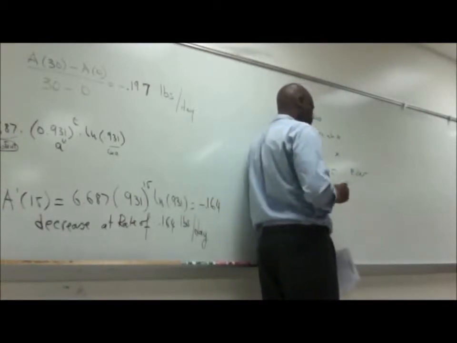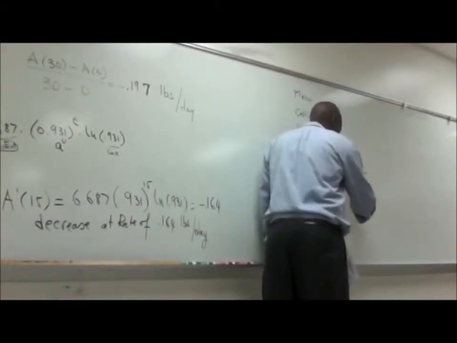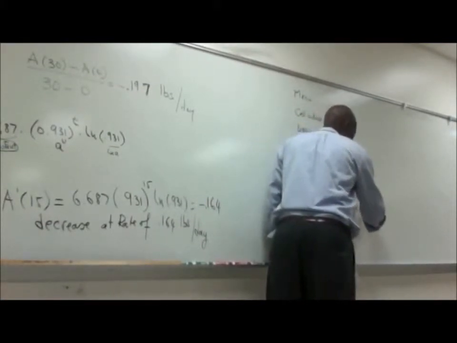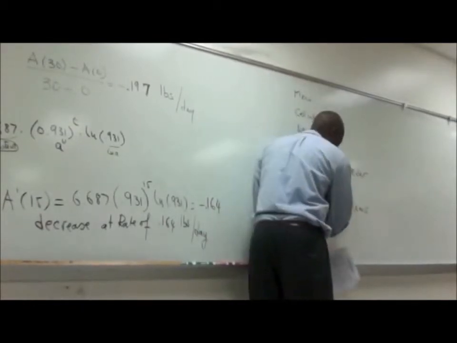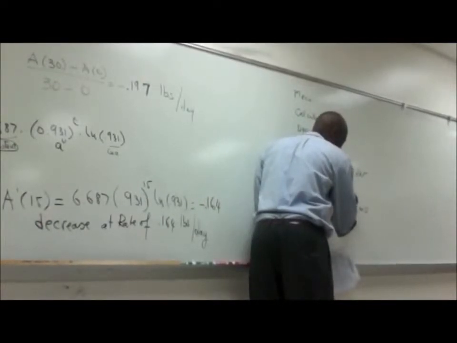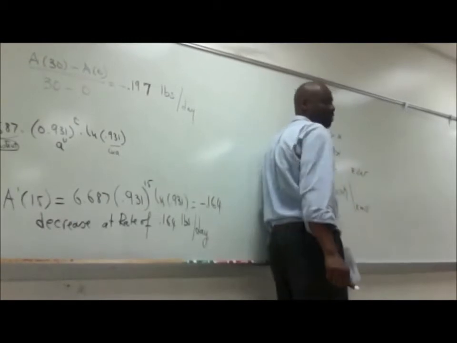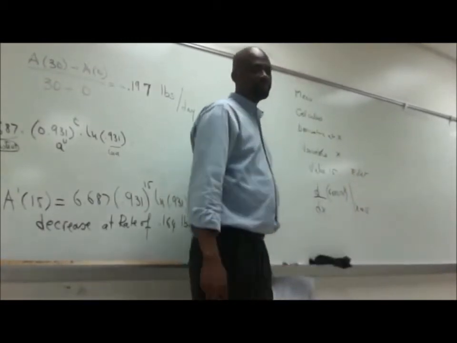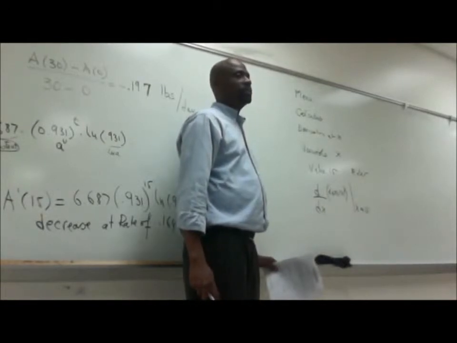You will see d/dx at x = 15 show up. Make sure you put your function here: 6.687 times 0.931^x. There's a parenthesis after the x; if you don't have it, you're not going to get it right. Don't put t, put x.